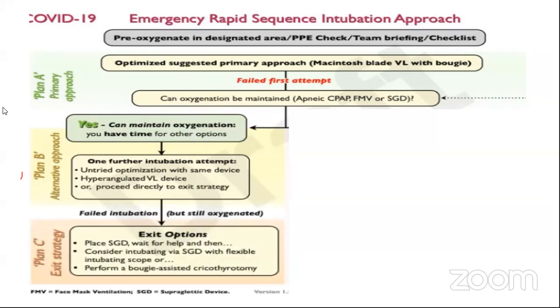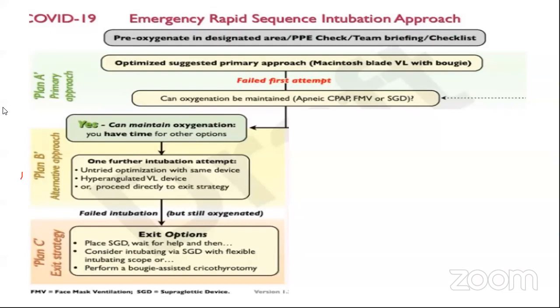Plan C is what we call the exit options. The exit options, exit out of the situation. Can be what? Can be placing a supraglottic device, the laryngeal mask airway. You can consider intubating through an intubating laryngeal mask, the one I showed you the picture of at the end of the section with the LMA. So you can use a supraglottic and an LMA, through which you might intubate.